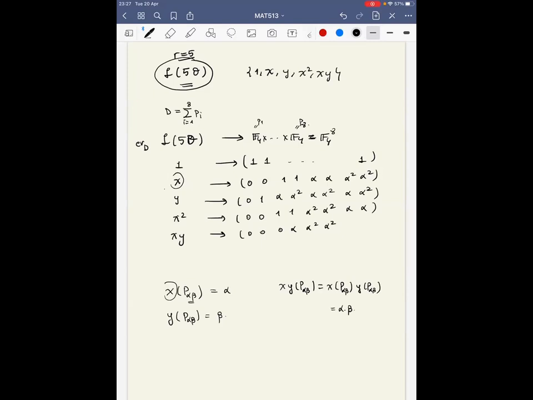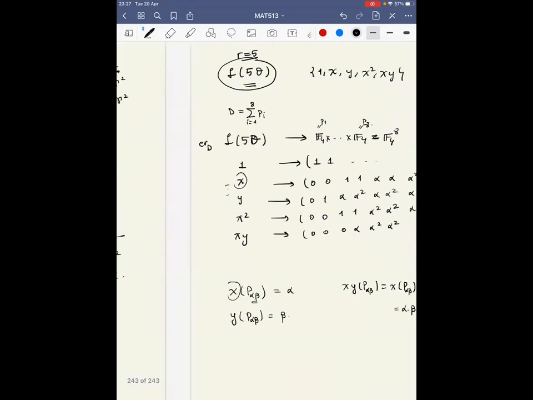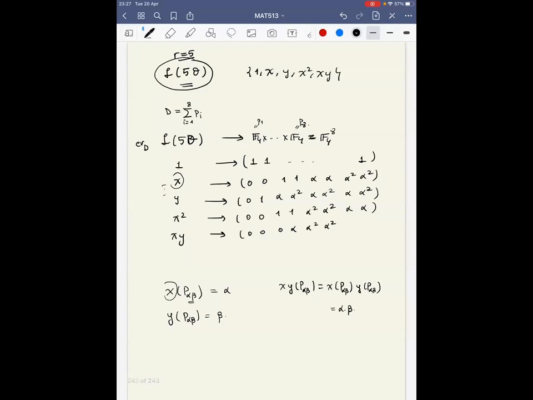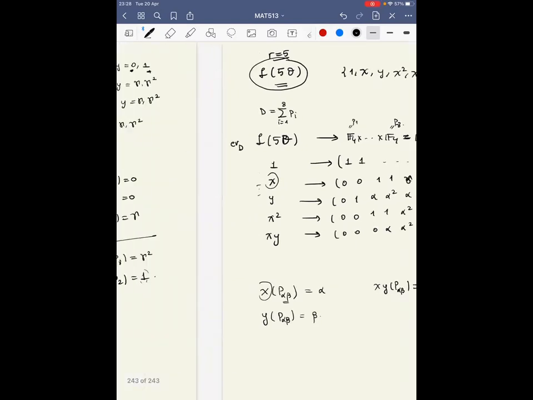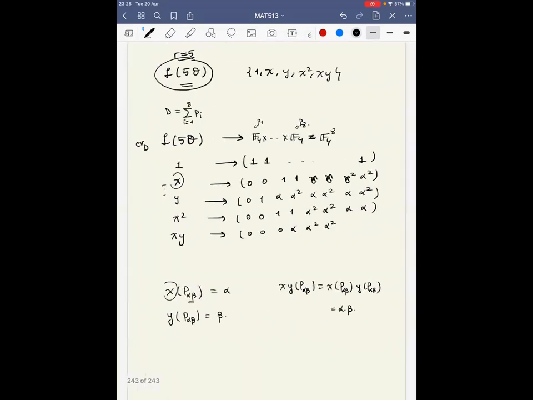So that means we can take the product of these two vectors. It's going to be 0, 0, 0. At P3, it's going to be gamma. I'm sorry, I used a different notation. For the alpha, what I want to say is gamma. Sorry for the ambiguity.